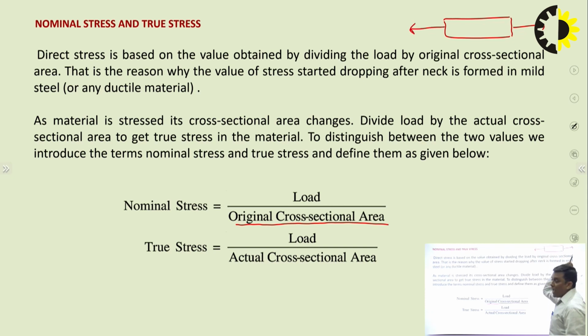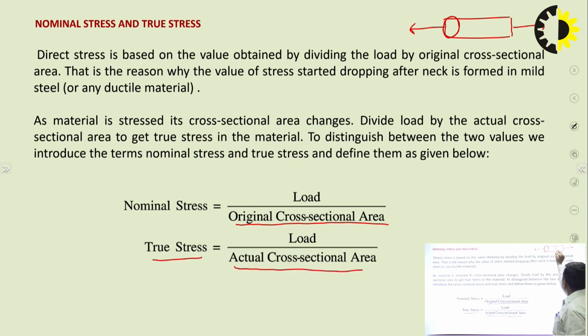If I make all the stress calculations with this cross-sectional area, then it is termed nominal stress, or the engineering stress. And the stress due to neck formation is true stress, the instantaneous stress, which is calculated on the basis of actual cross-sectional area.